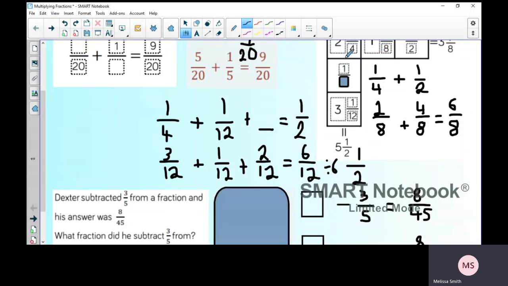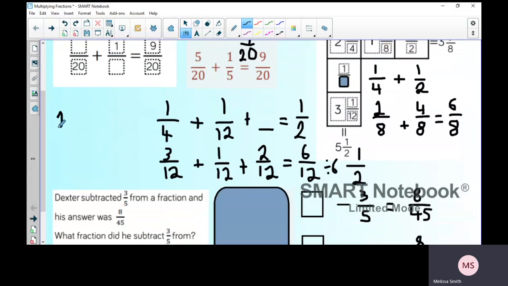But why can't I put 12 here? Well, if we have a look, I've got 6/12 here. That's 6/12, which is equivalent to 1/2. So therefore I put my answer in 2/12 here, but my numerator there is 1, not 2, it's 1.